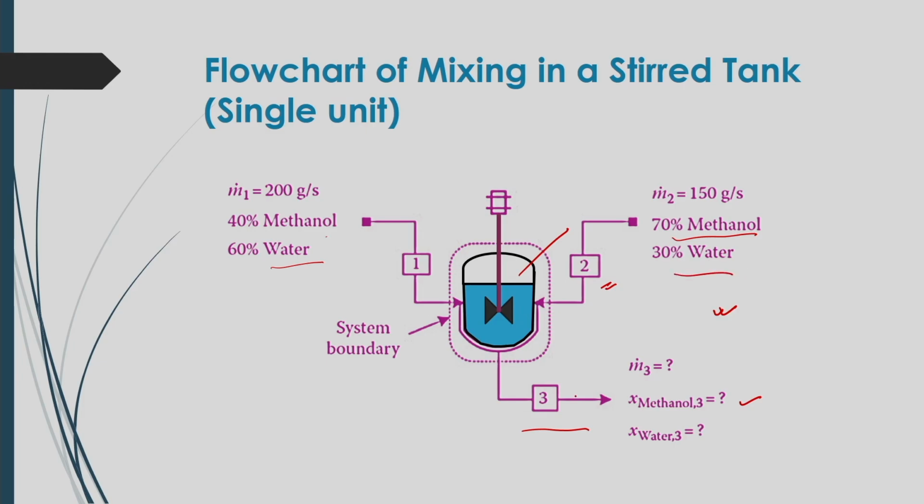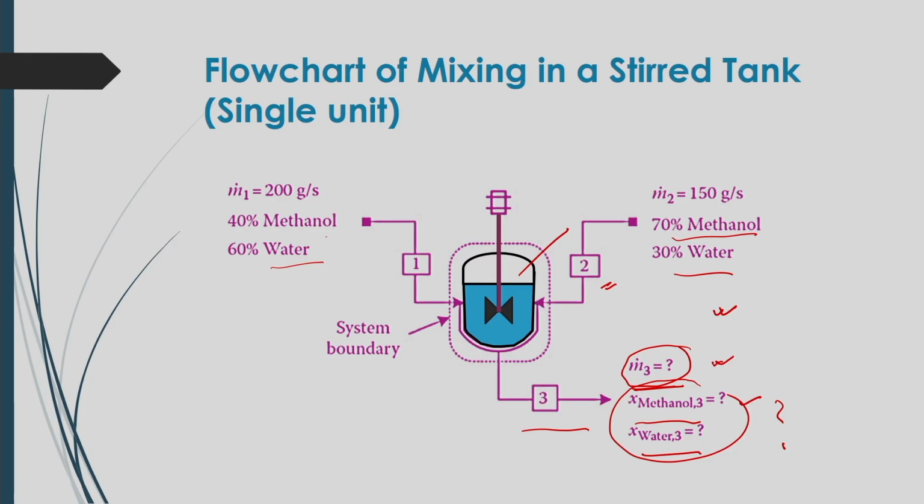So, after mixing, as an output this mixture will be coming out. What will be the total amount of mixture coming out from the stirred tank, and what will be the composition, you do not know. If it is not known to you, you just have to write that it is unknown, that is M3 dot, as shown here, and also x methanol and x water, the mole fractions of methanol and water in this stream, which are unknown and which you have to find out, and that can be obtained by doing material balance.